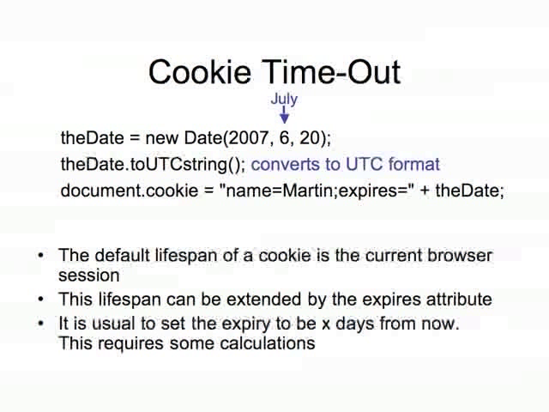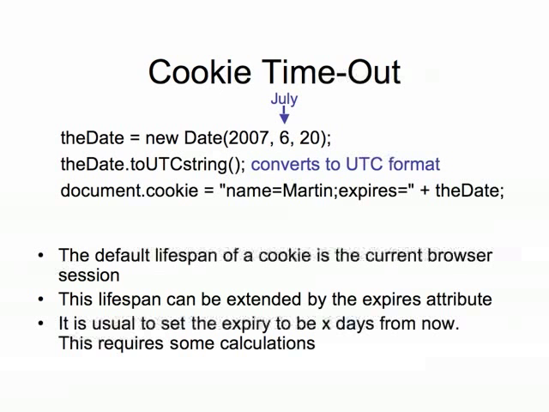So we create a new date object by saying new Date(2007, 6, 20), and we assign that object to the variable theDate. We have theDate here instead of date because of course date is already used and it's reserved.